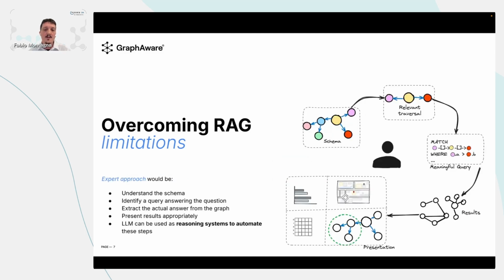So what would an expert do then? Imagine that you have to answer a question and you have a knowledge graph for doing that. The first thing you will do is go to the schema to try to make sense of this knowledge graph. And if the question is about people, the answer has some reference to that person node that you have found in the schema.